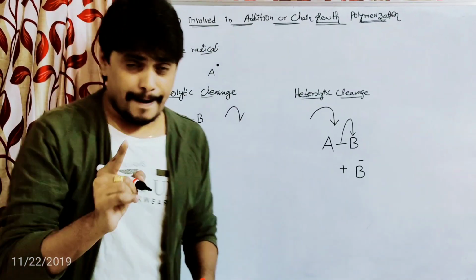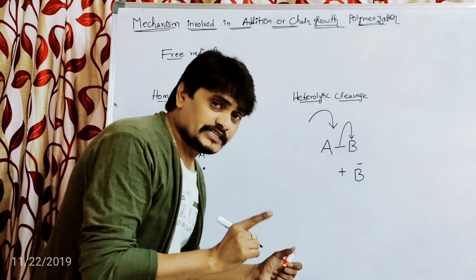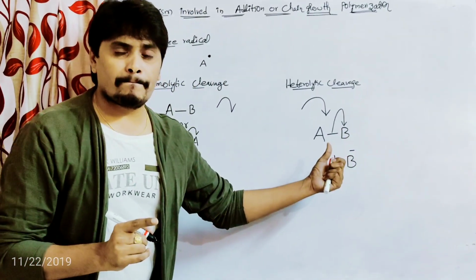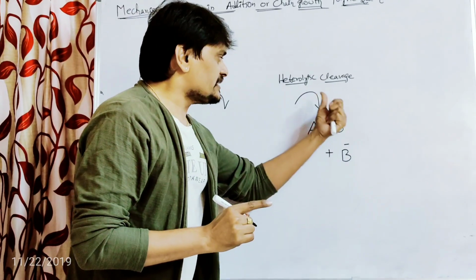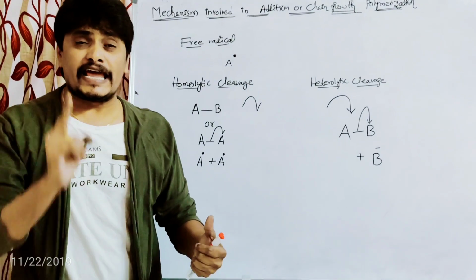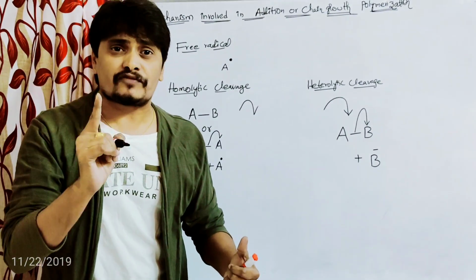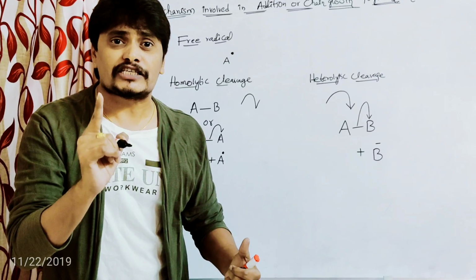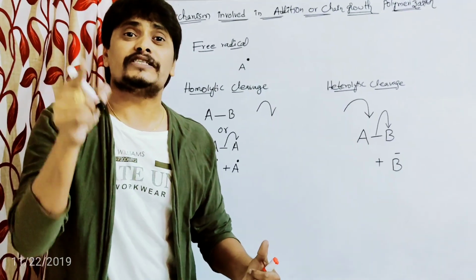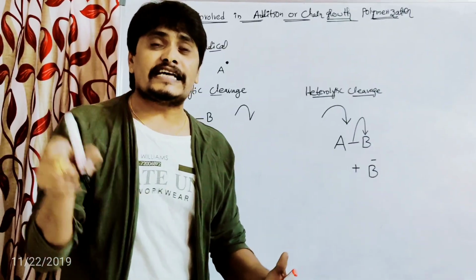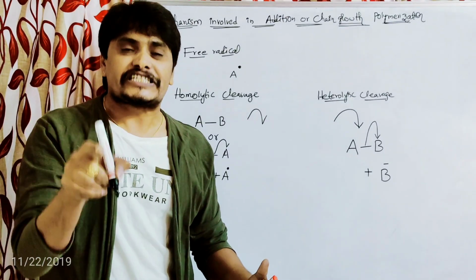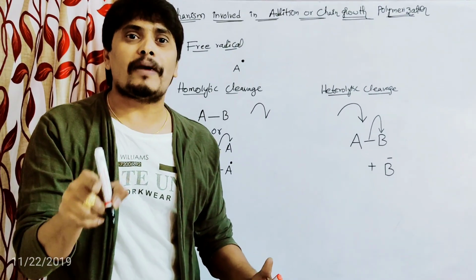Now A. What is happening, students, here? The flow of electrons is taking place from A to B. Since the flow of electrons is taking place from A to B, A is losing the electrons. A is losing the electrons means what is the charge of the electrons? Electrons are negatively charged particles. Since A is losing the negatively charged particles, what will be the charge acquired by A?